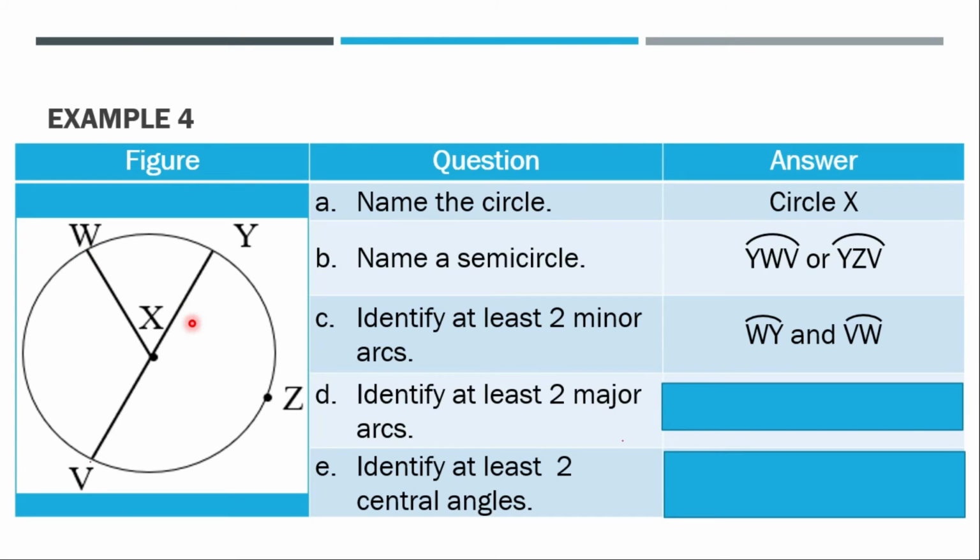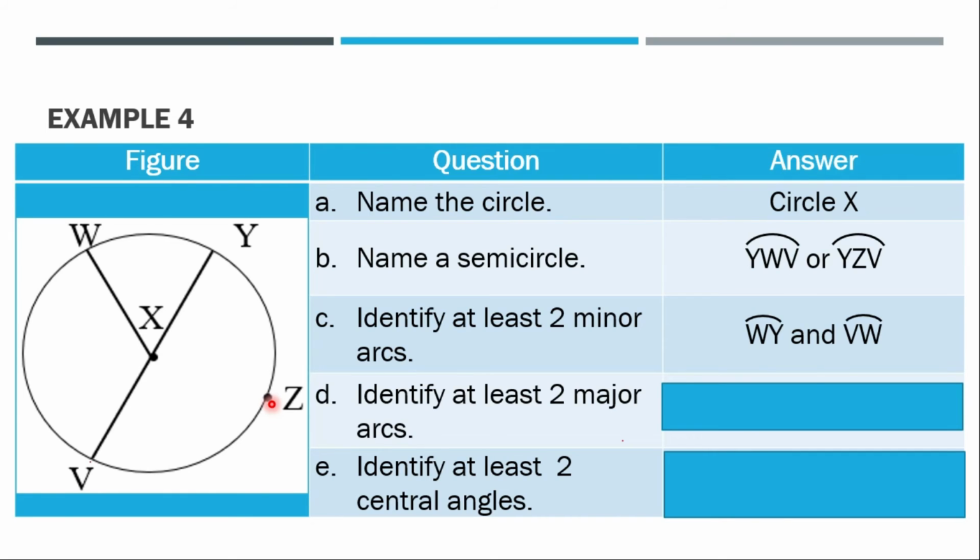Okay? Next is, let's identify the major arcs. Ano ba yung major arcs? It is more than the semicircle. So, pwedeng W, Y, V, or Z, W, V. Ano pa? Pwede ding arc Y, W, Z. Basta more than semicircle siya.